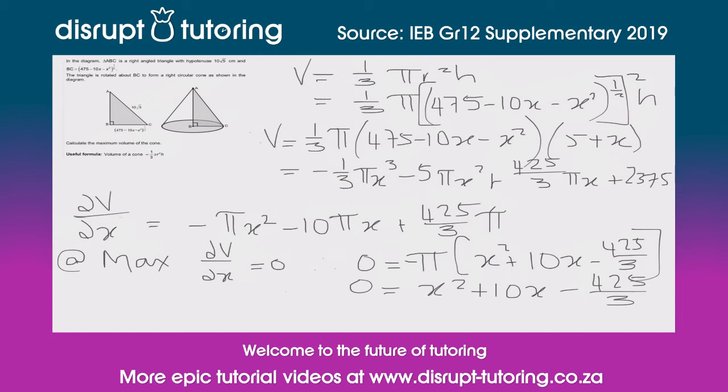I've got two options here. I can use my snazzy silver calculator to calculate the two values, or I can use the quadratic formula, which you can find on the formula sheet. You simply plug in the a value, the b value, and the c value, and you'll get your two values of x. In this case, x has some decimals: x is approximately 7.9, or x is approximately negative 17.9.